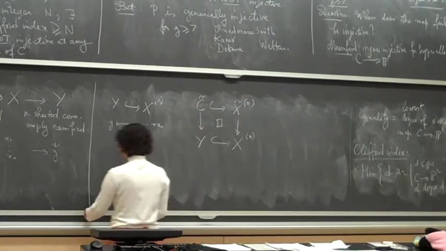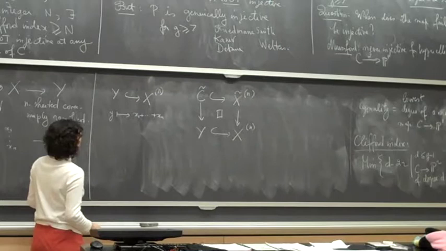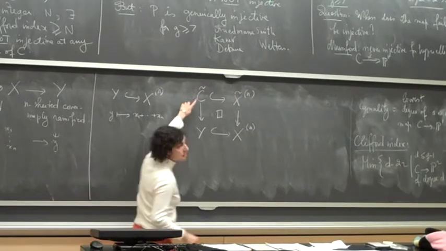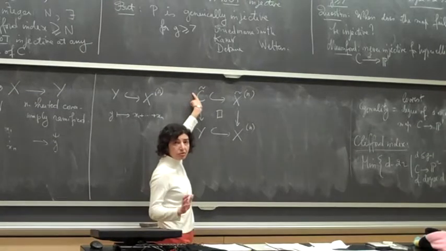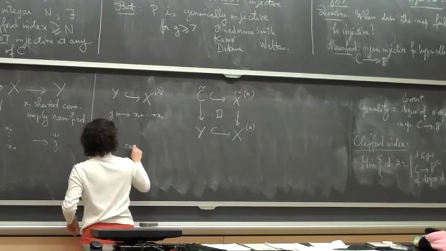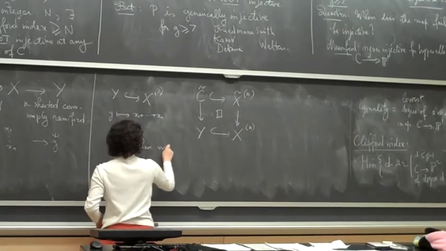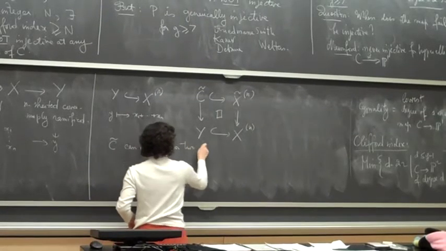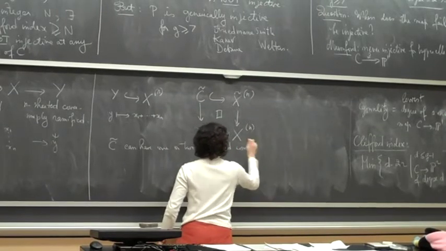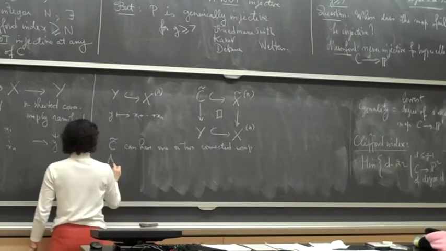Now this curve C tilde can have either one or two connected components, and we're going to assume it has two.